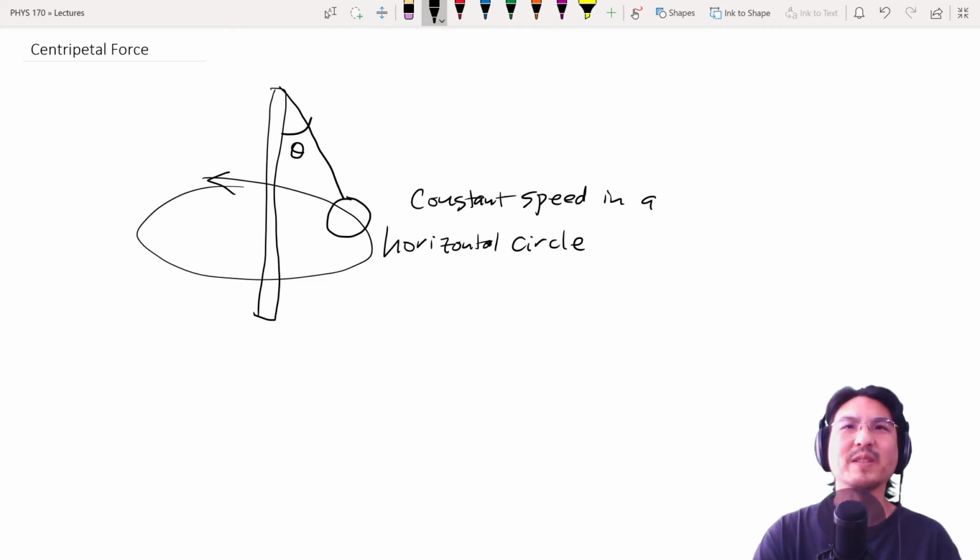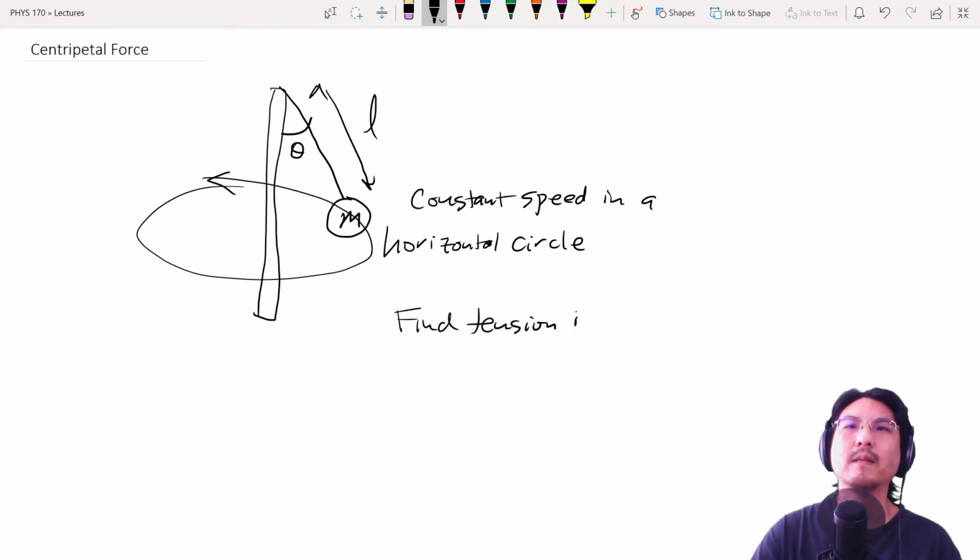So let's say we measure this angle, we know the length of this string, we know the mass of this ball. Okay, so can you tell me what's the tension in the rope? Okay, so let's draw the free body diagram.